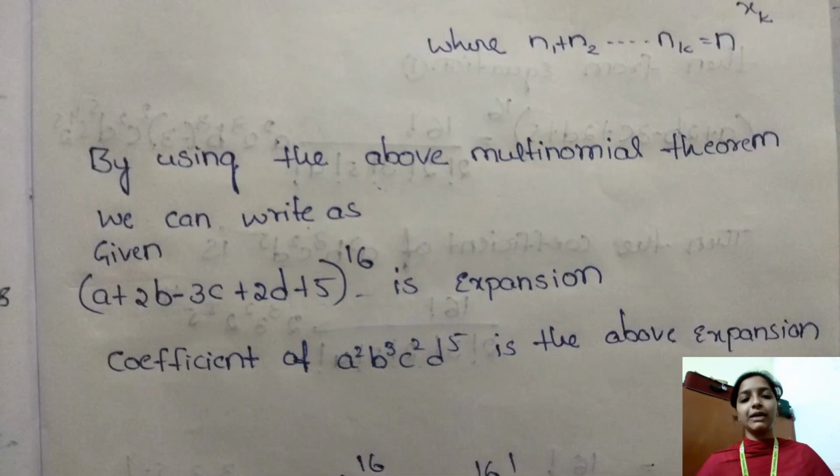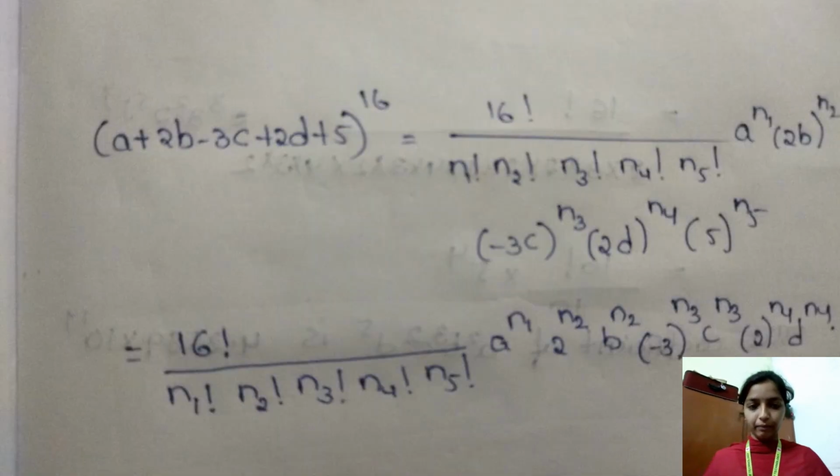By using the above multinomial theorem, we can write the given expansion (a + 2b - 3c + 2d + 5) whole power 16. We need the coefficient of a square b cube c square d power 5 in the above expansion. By using the multinomial formula, in the place of n we have 16.